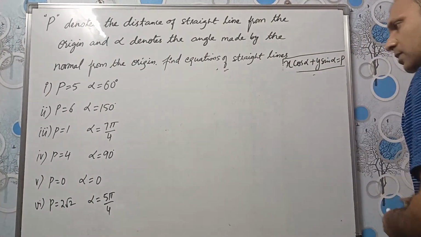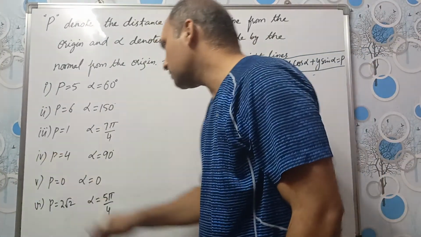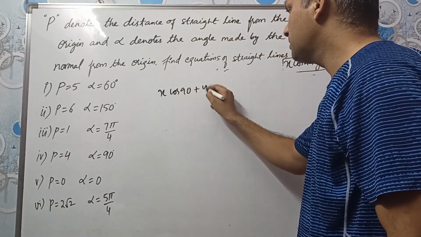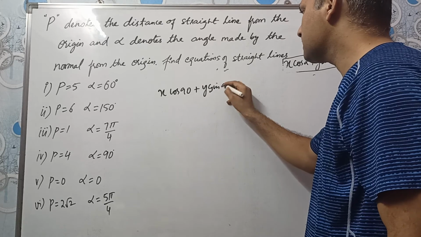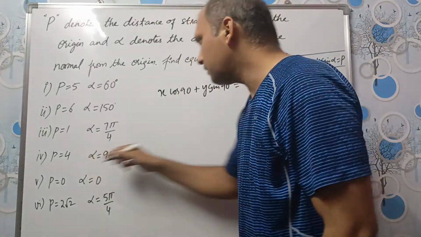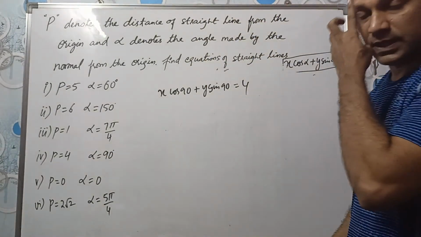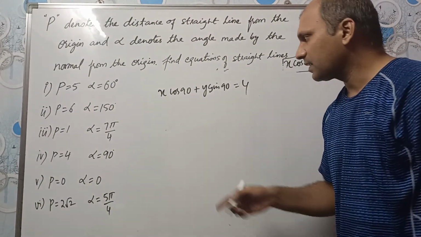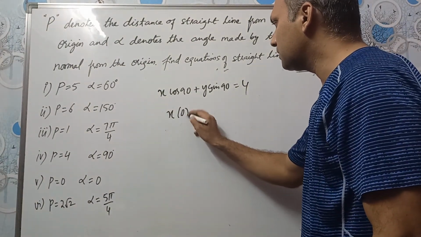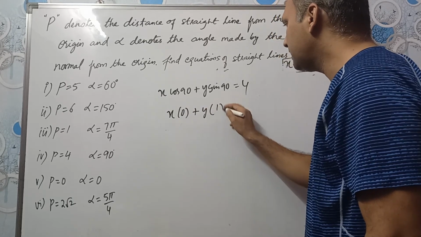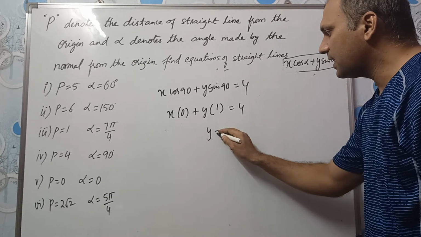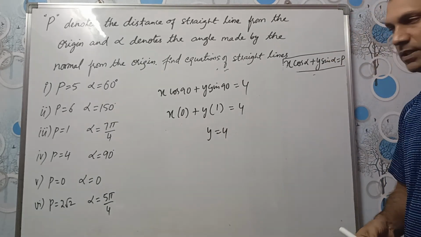Now let us solve the fourth one. x cos 90 plus y sin 90 is equal to 4. Cos 90 is 0, so x into 0, and sin 90 is 1. So this is 0, and we have y is equal to 4. This is the required equation.